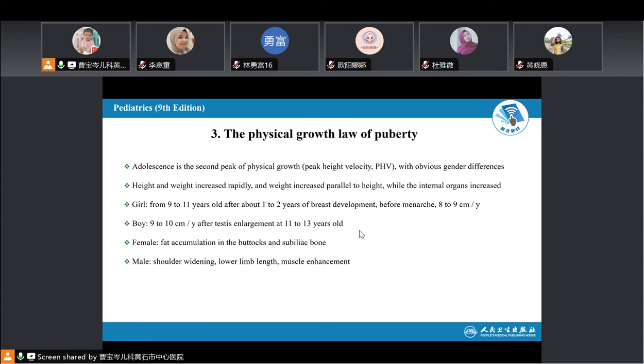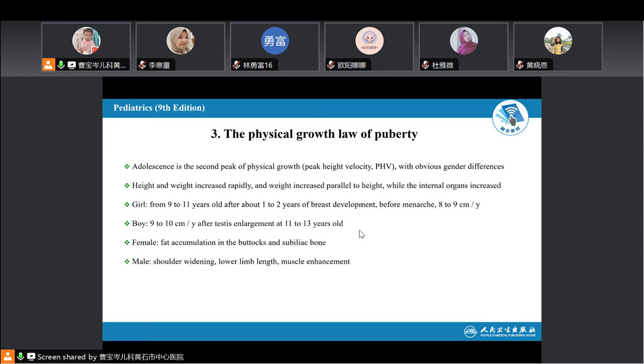3. The physical growth law of puberty. Adolescence is the second peak of physical growth. Peak height velocity shows obvious gender difference.